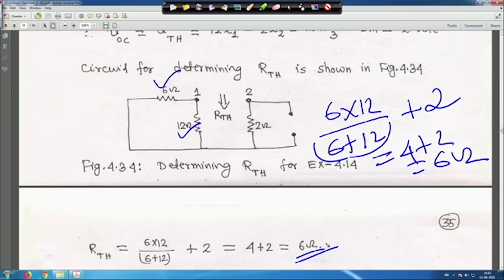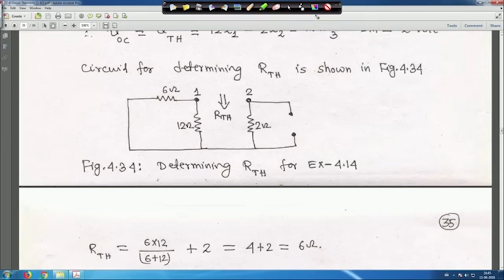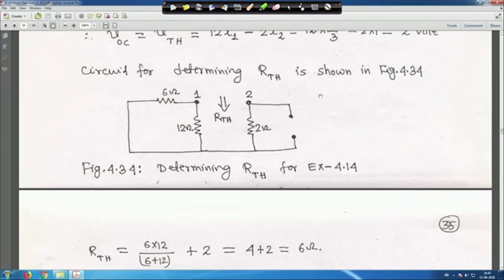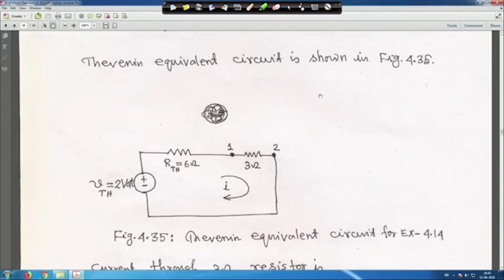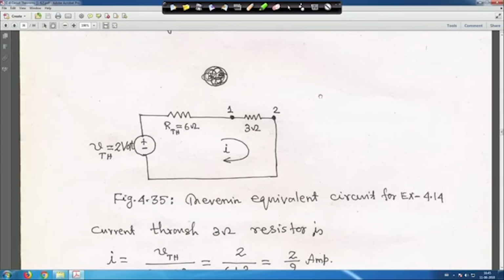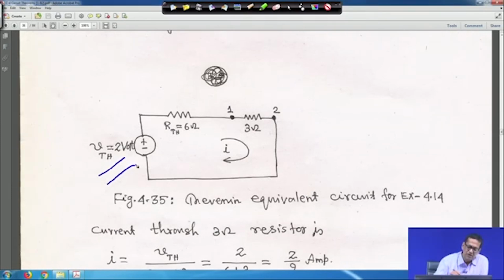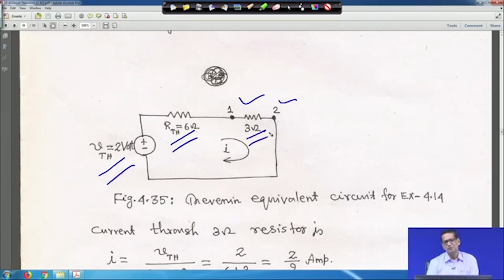Let me clear it. Therefore, this is your V Thevenin we got, 2 volt, and R Thevenin we got, 6 ohm, right. With that, the 3 ohm is connected between 1 and 2 and the circuit is closed.